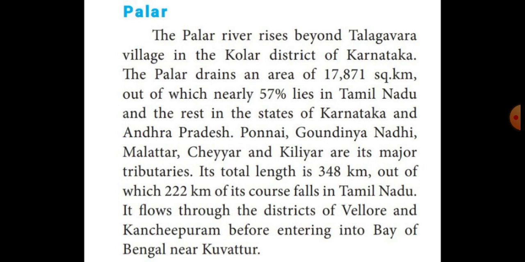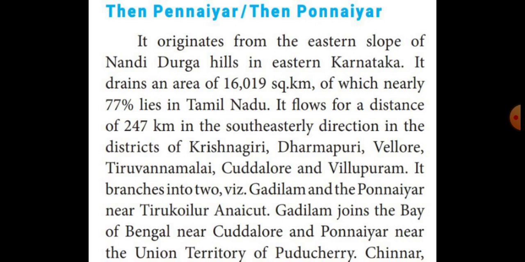Then thirdly, we learned about Thenpennaiyar. This river also originated from Karnataka state, but most of the areas are flowing through Tamil Nadu. That means 77% of the river is flowing in Tamil Nadu, in the districts of Krishnagiri, Dharmapuri, Vellore, Tiruvannamalai, Cuddalore and Viluppuram.